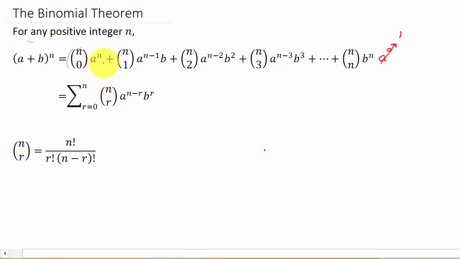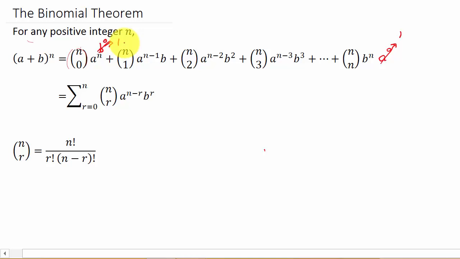And in this one, notice here there's not a b, but in this one it's b to the first, b to the second, b to the third, all the way to b to the n. In this term, it would be like you're starting out at b to the 0, and we know that b to the 0 is 1.